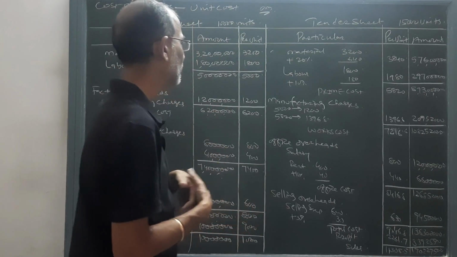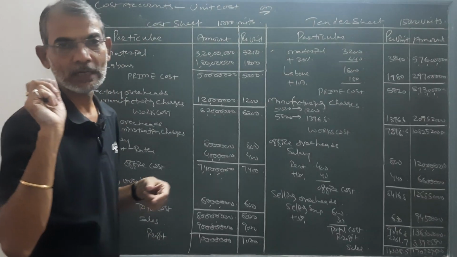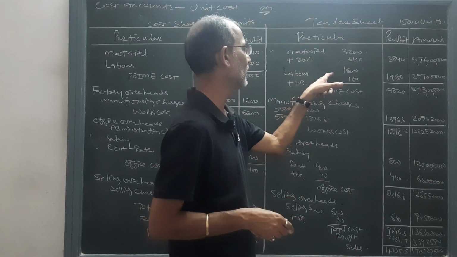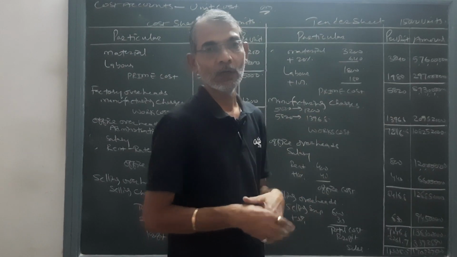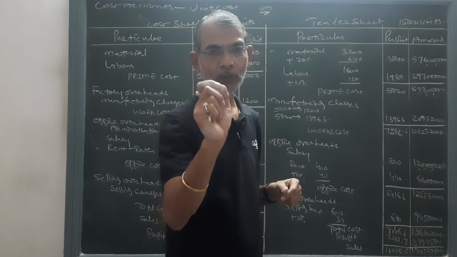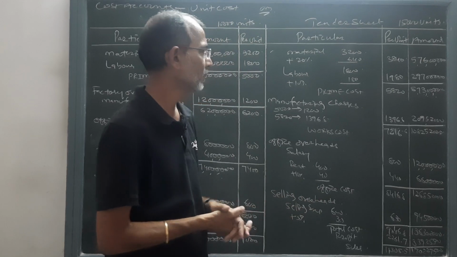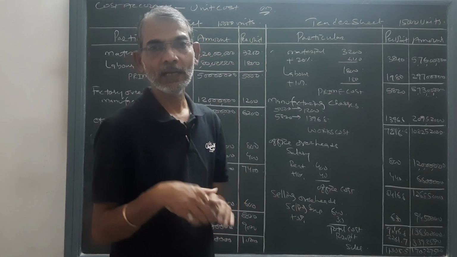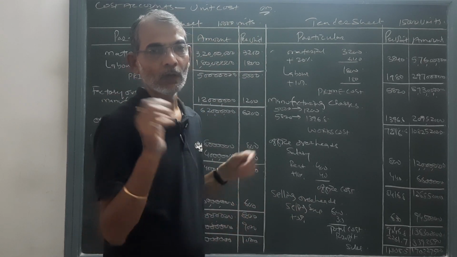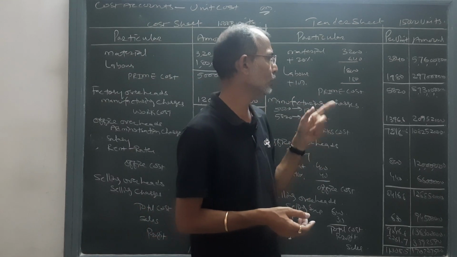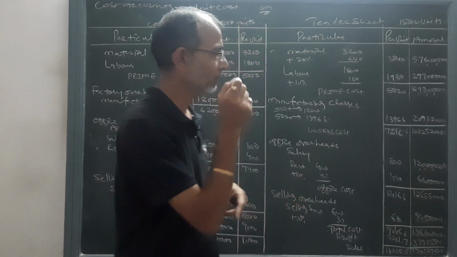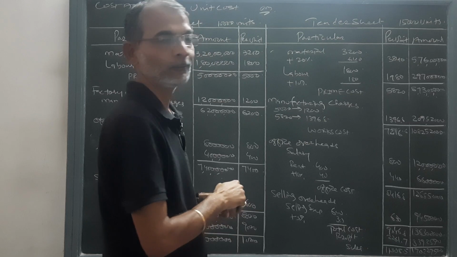Then after labor, it is said that labor cost will rise by 10%. So 1800 plus 10%, 1980 is per unit labor, multiplied with 15,000 will give us 2 crore 97 lakh as a total labor cost. Now prime cost is 5820 per unit while 8 crore 73 lakh as a total prime cost.